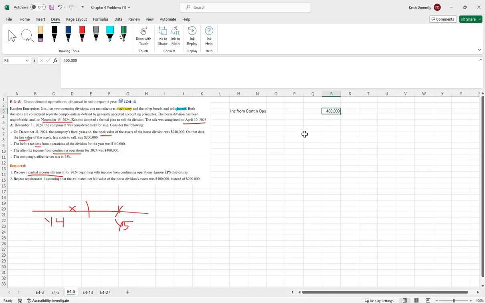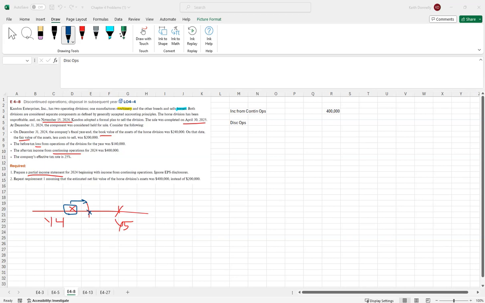Now, because we have this horse division for sale, we got to account for that in discontinued operations. And we know from the lecture, whenever you hold it for sale, there's 2 things you have to account for when doing the financial statements at the end of the year. 1, what was the income or loss from that division, from the point in time we held it for sale to the end of the year.